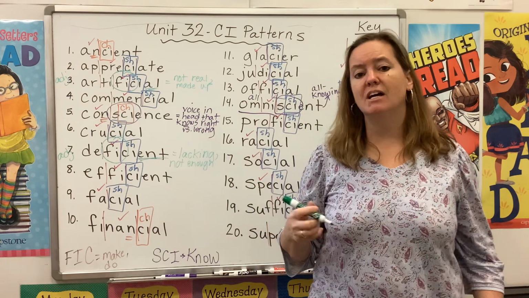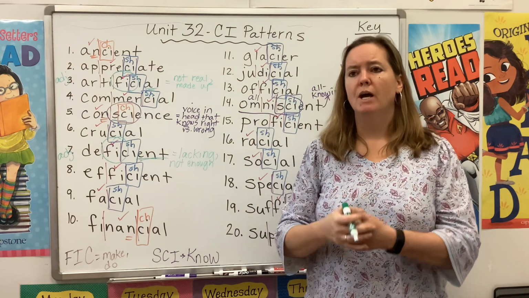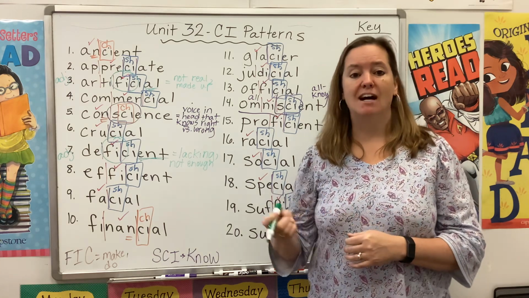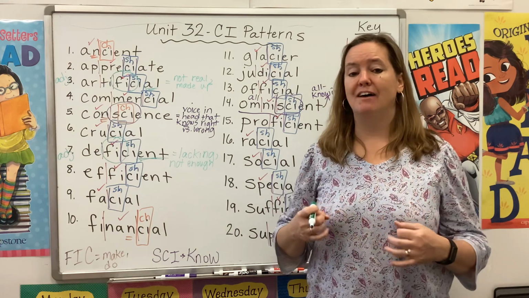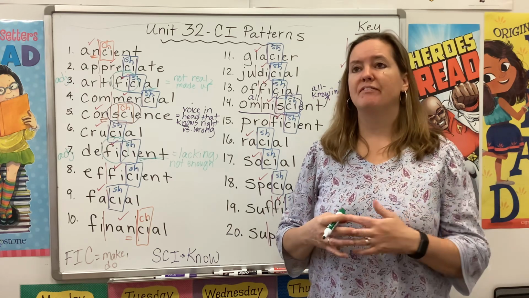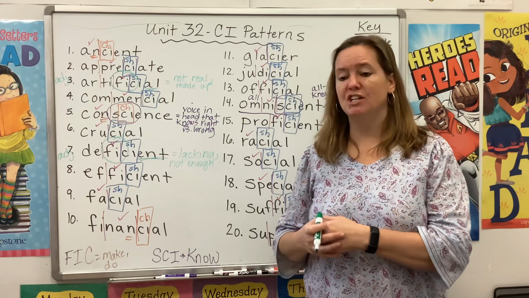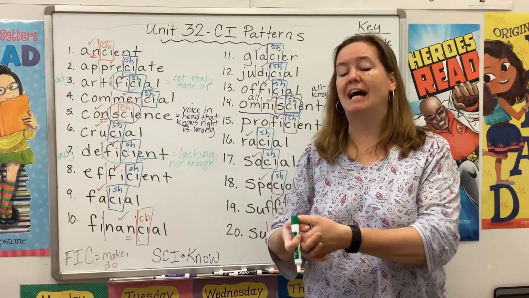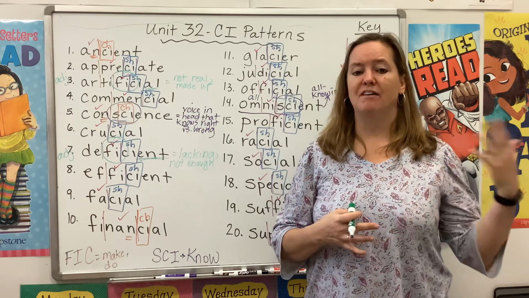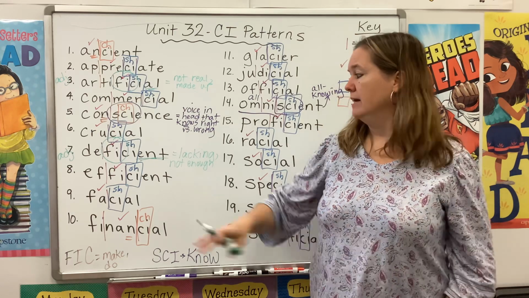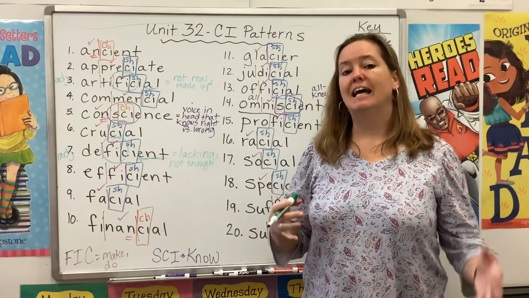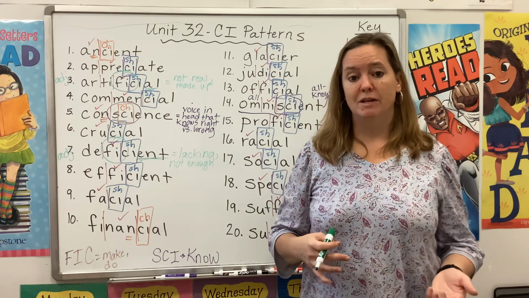We don't have enough to do what we want to do. So if our diet is deficient in calcium, then our body doesn't have enough calcium to make strong bones. If our diet is deficient in vitamin C, we're lacking vitamin C, our body doesn't have enough to fight off colds and germs. Okay, so if you're deficient in something, it means you're lacking and you don't have enough to do what you need to do.